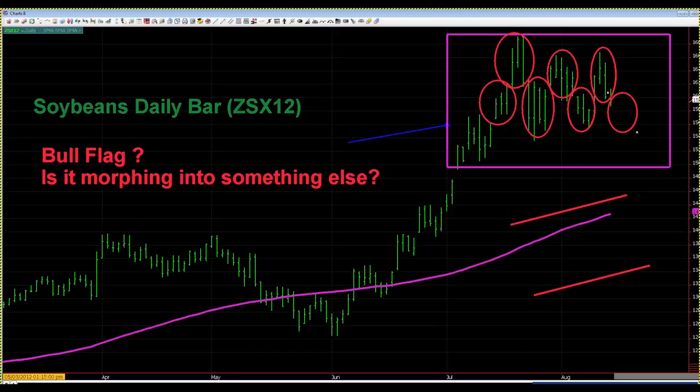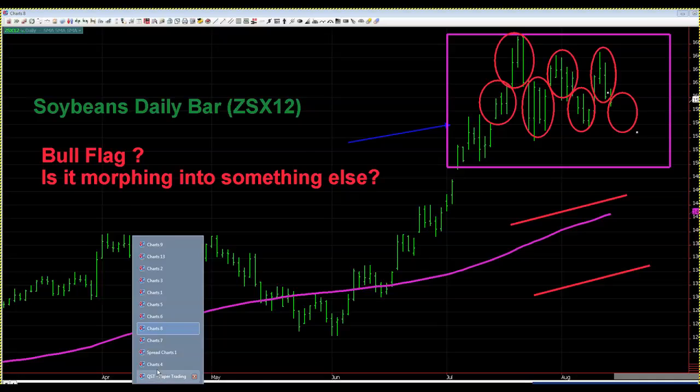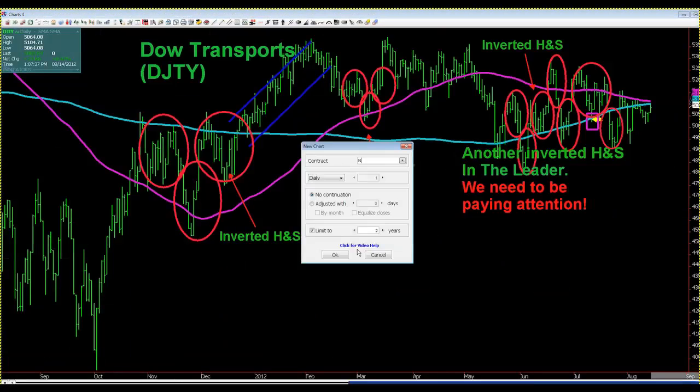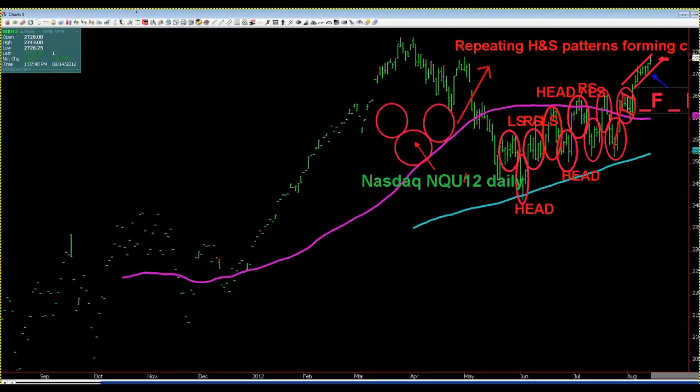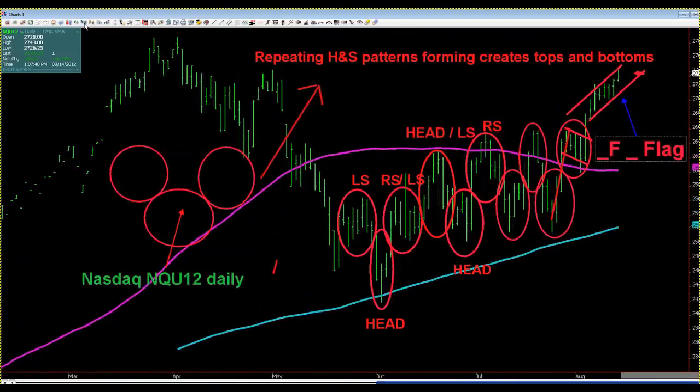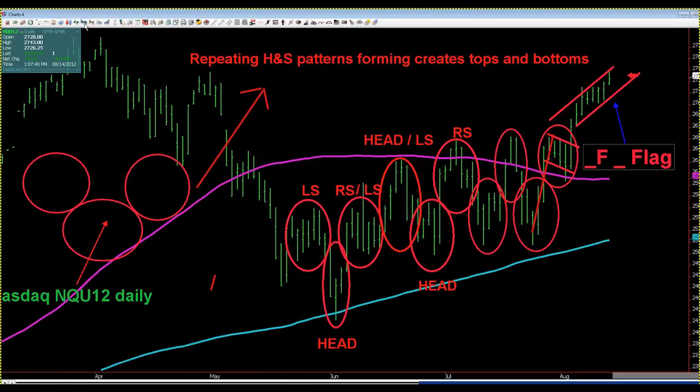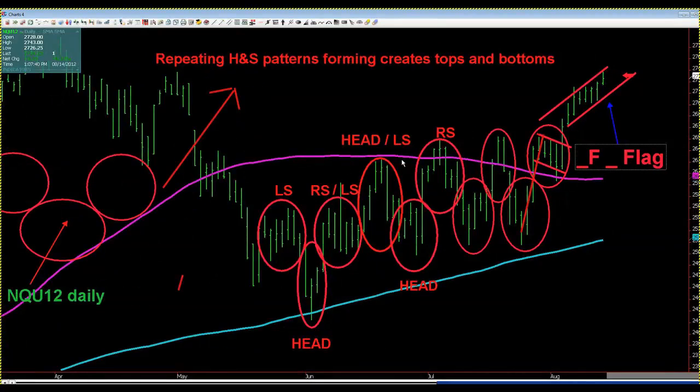So traders, I'm hoping that when you look at charts of this nature after coming to a class like mine, you'll recognize when we're actually getting into an area that's creating a bottom or a top for you. What I just showed you in that soybeans chart is almost the exact opposite of what you're looking at here. Multiple head and shoulders, with the right shoulder lending itself as the left shoulder to this new head and shoulders, and then this lending itself as the left and right shoulder to this head and shoulders, and so on.